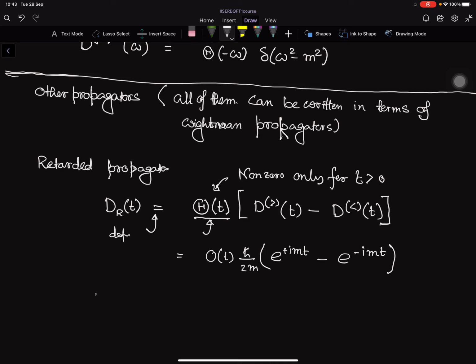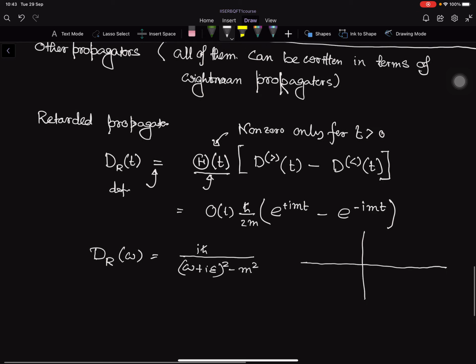And in the same way, we can also compute the frequency space expression for the retarded propagator. So this is the expression for the retarded propagator. Let me draw this frequency space because it has poles.